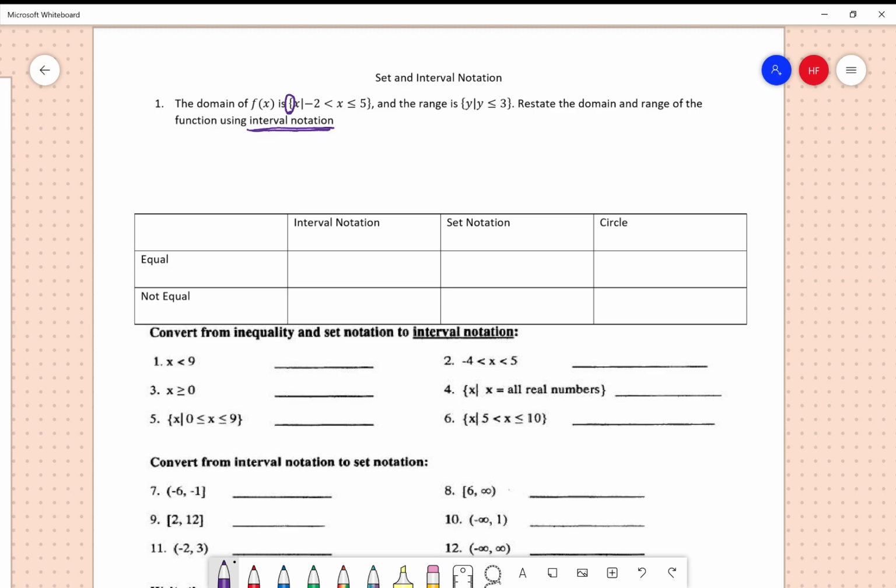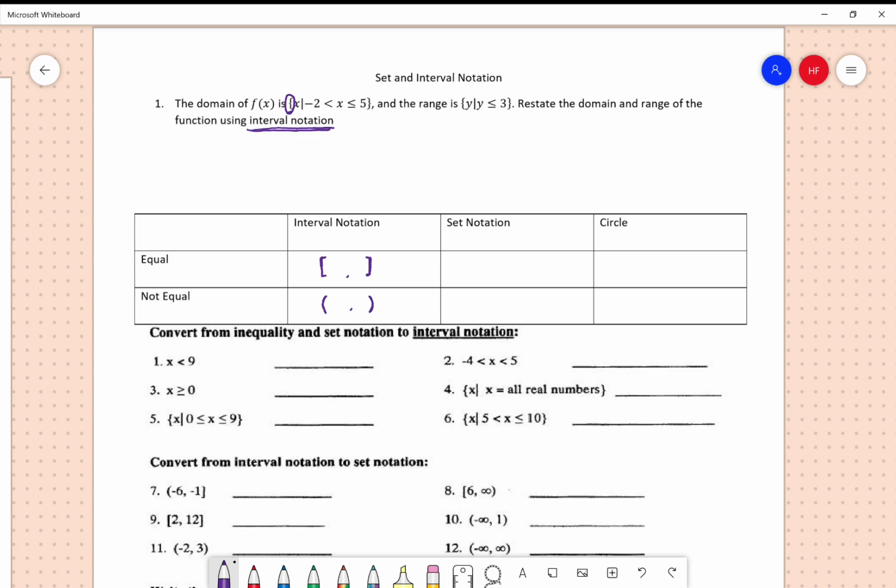notation. So first we're going to fill out this little chart below so that way we can see the difference between interval and set. So in interval notation, if it is equal to, we're going to use a bracket. If it is not equal, we'll use a parenthesis.